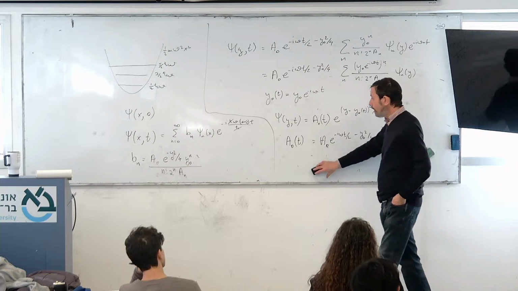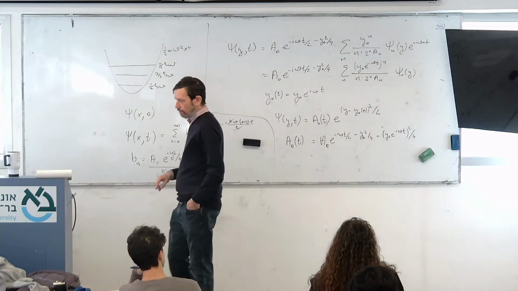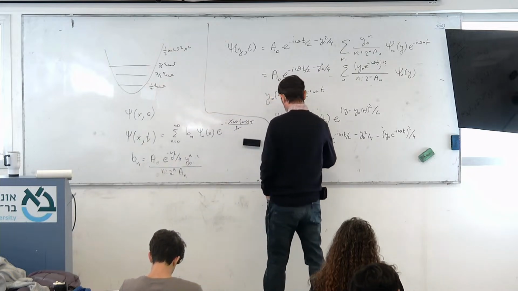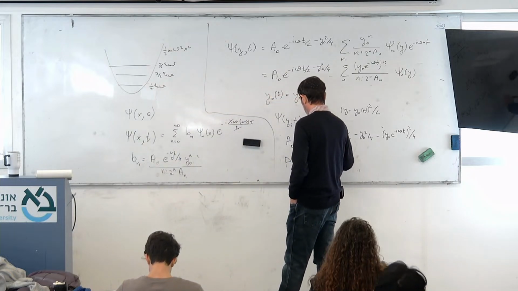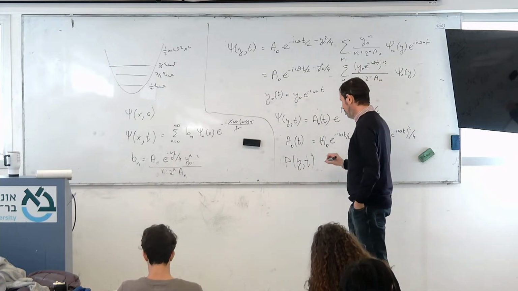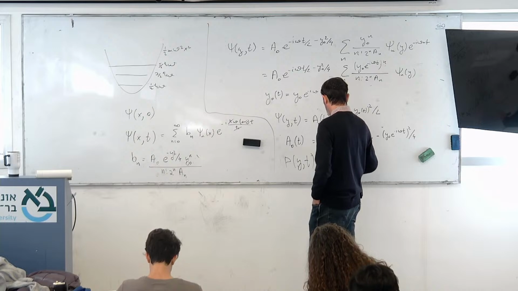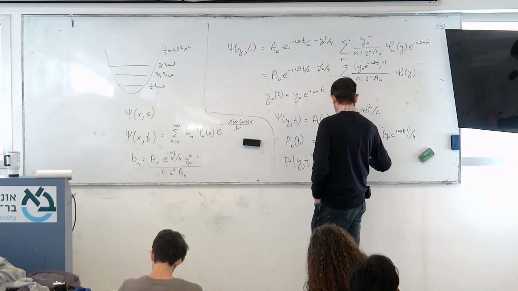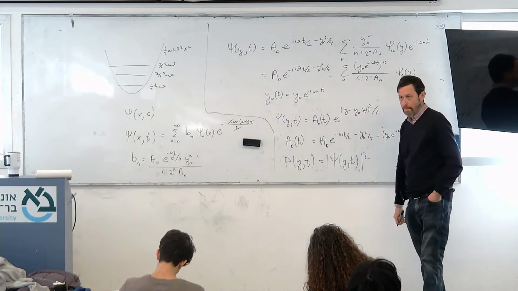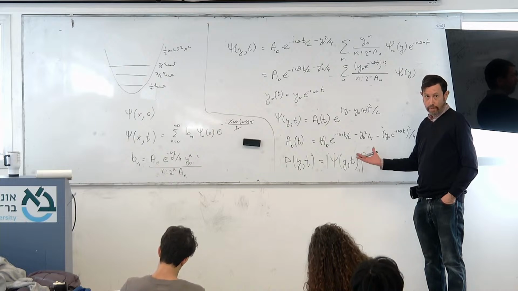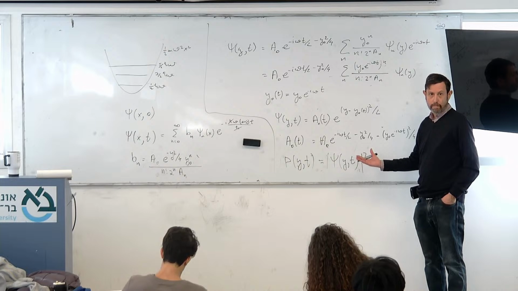So what I really should calculate here is the probability of finding the particle, and then we'll follow how it behaves as a function of time.